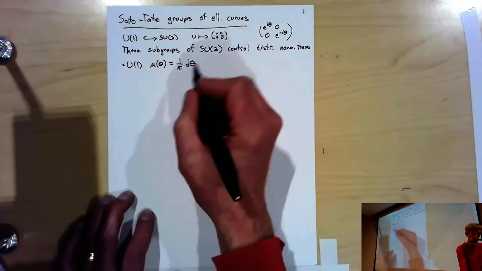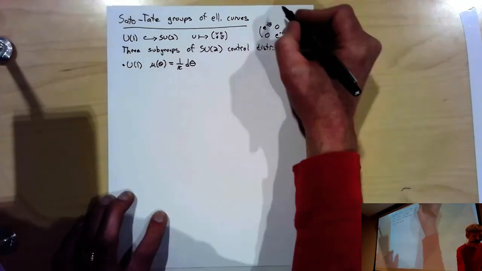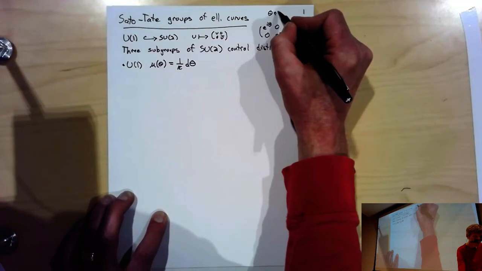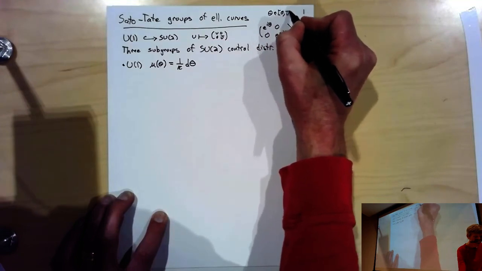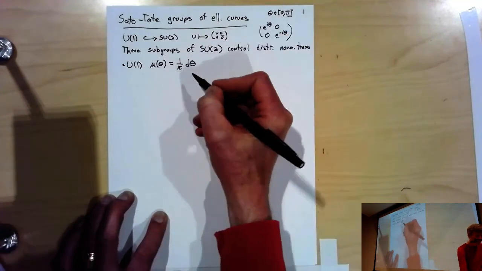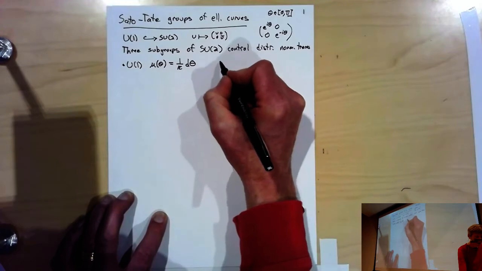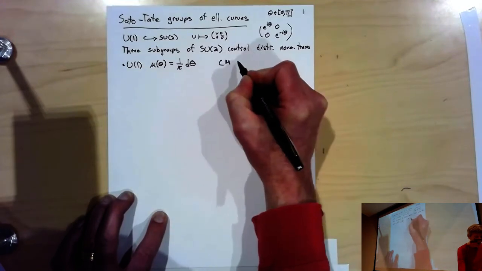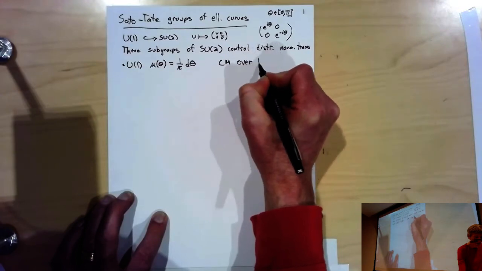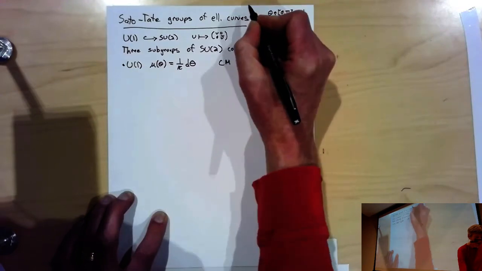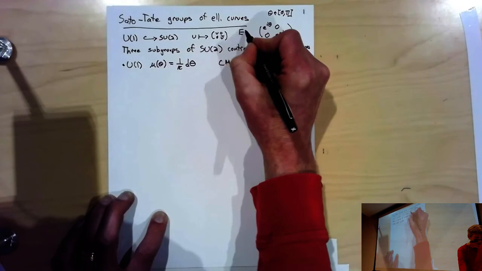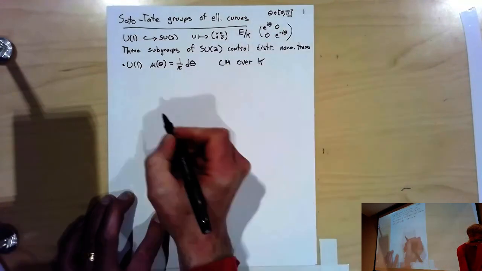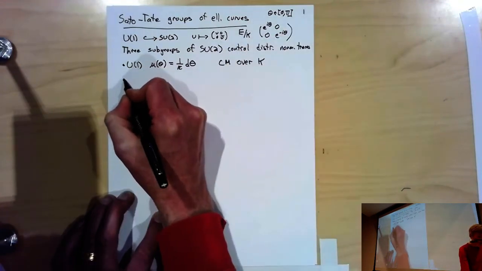There's a 1-to-1 correspondence with thetas in 0 to pi, and d theta is the Lebesgue measure on 0 to pi. This case arises when we have an elliptic curve with CM over its field of definition, so an elliptic curve E over K.